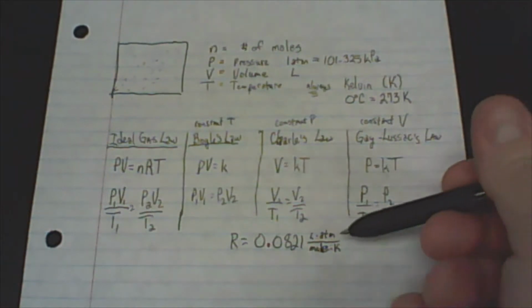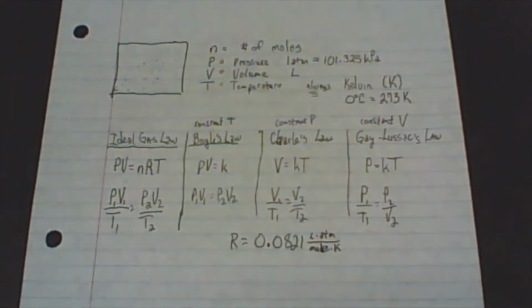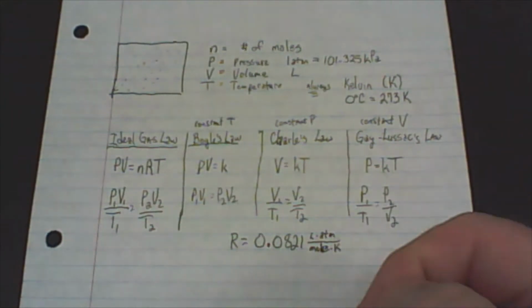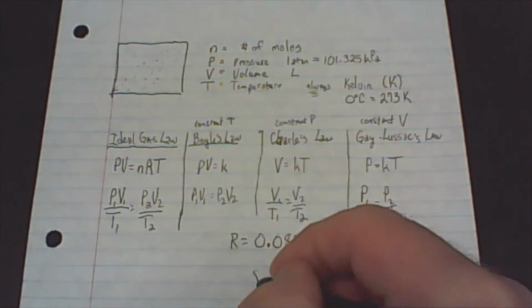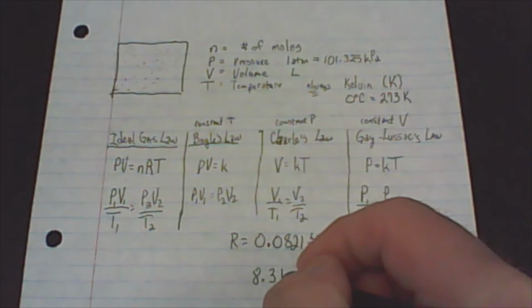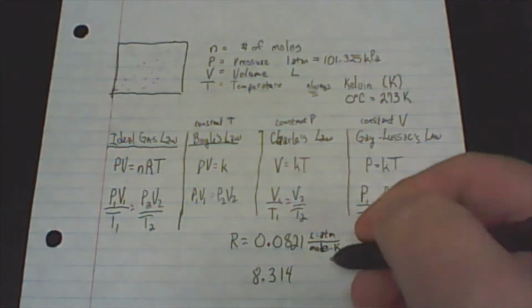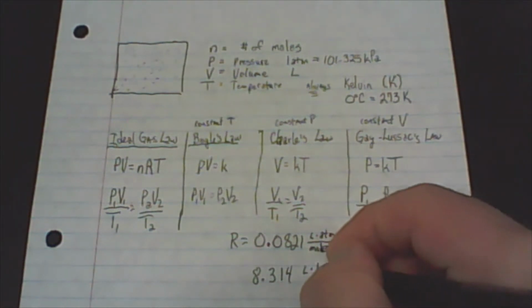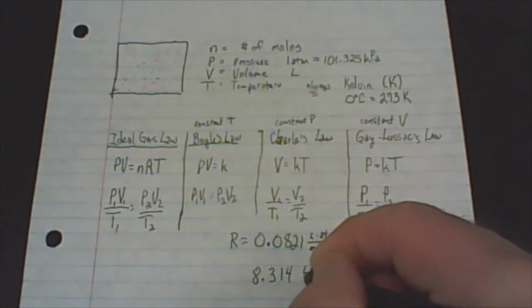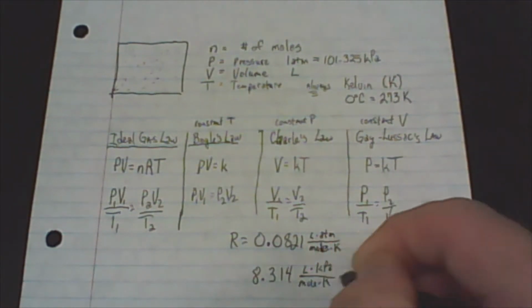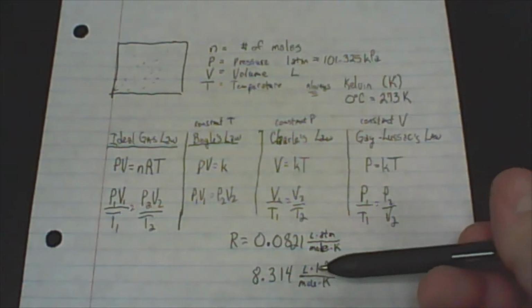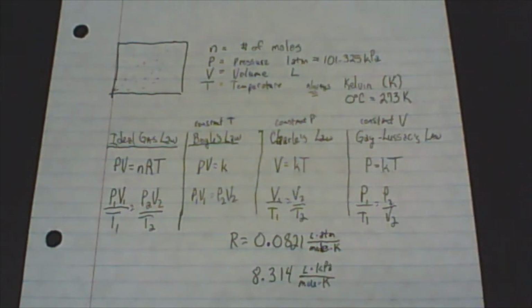So if you're using atmospheres as your pressure, that's the value you need. The other value is 8.314 liters kPa over moles Kelvin. So again, if you're using kPa, this is the value you'll need.